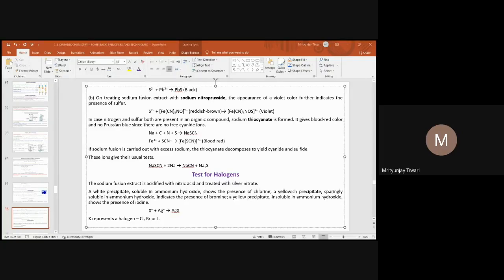Now the gaseous mixture will contain carbon dioxide and oxygen, and the carbon dioxide moves to another U tube, the KOH tube. This U tube contains potassium hydroxide or sodium hydroxide, and when it reacts with carbon dioxide, it forms potassium carbonate or sodium carbonate, and water molecules are also formed during this reaction.